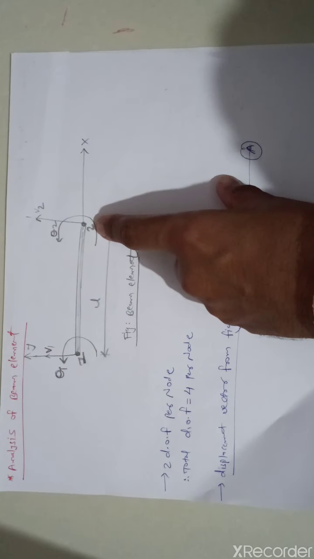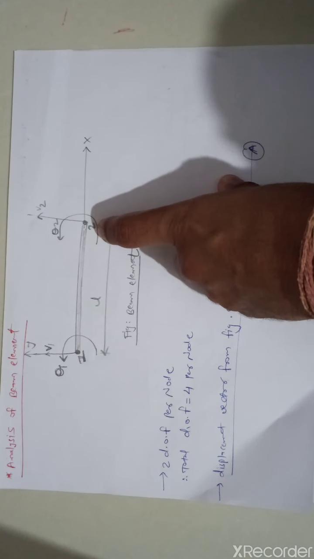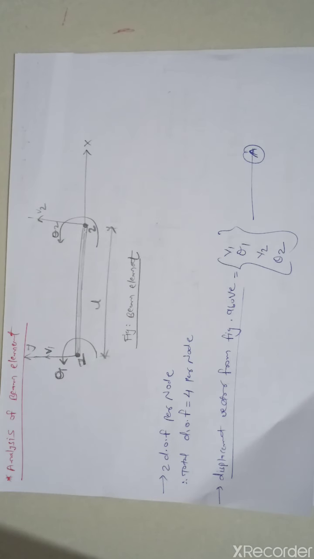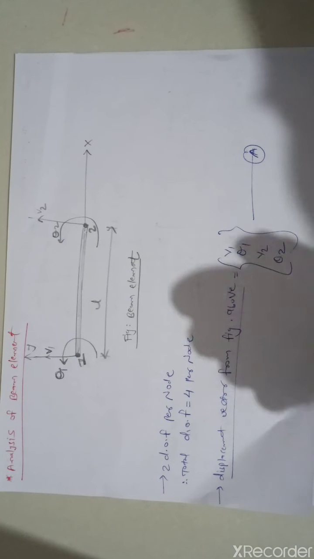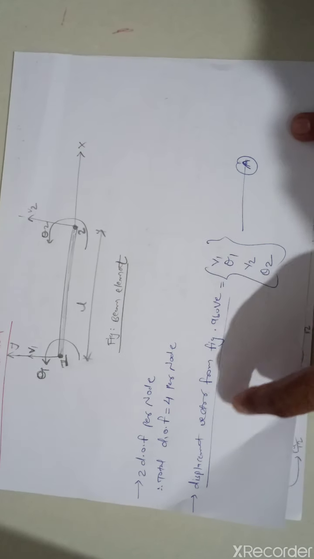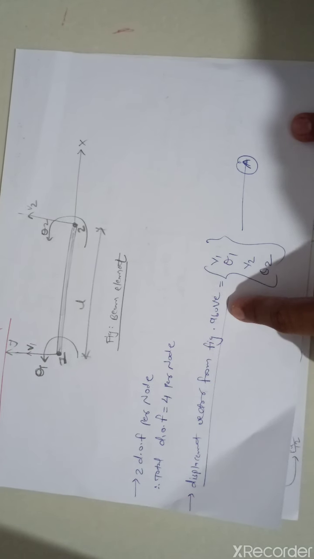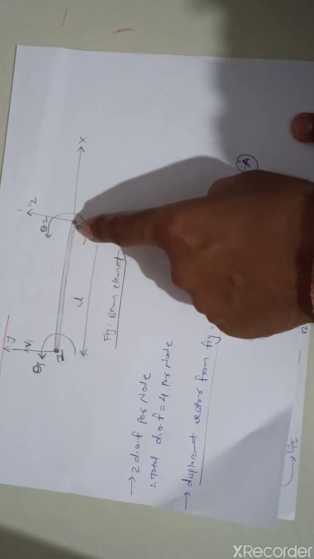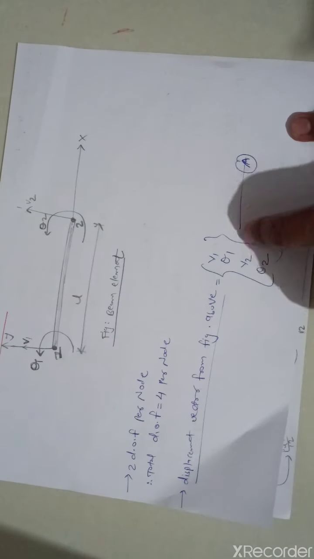Similarly, node 2 has transverse deflection v and rotation theta. So the total degree of freedom per element is 4. The displacement vector from the figure is given by v1, theta 1, v2, theta 2. This is our equation A.